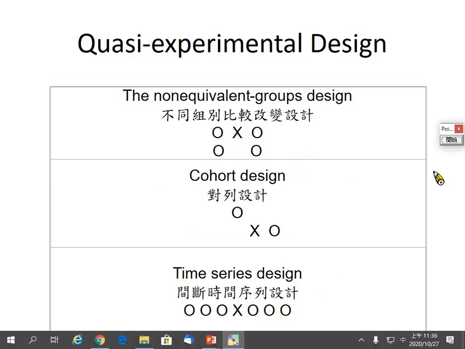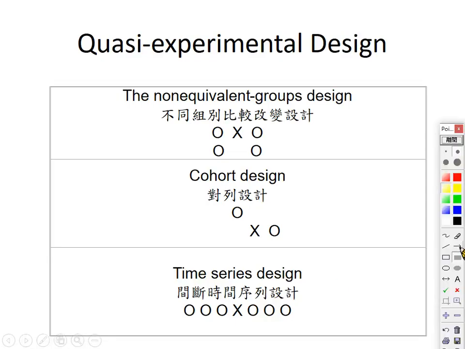Okay. And the third kind of quasi-experiment design is called time series design. We have a treatment here, right? We would like to know the effectiveness of the treatment on the different observations. So how can we do this? How can we decide the X, the effect index here?